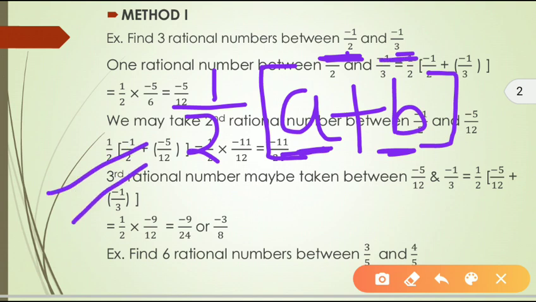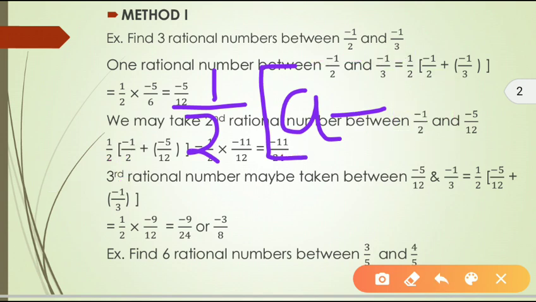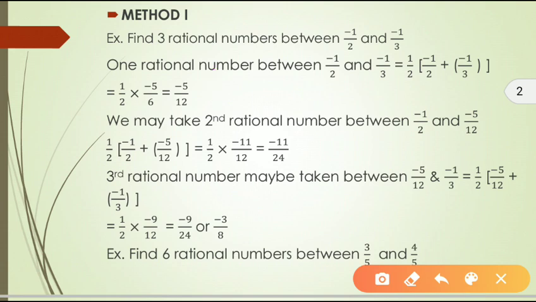So this is the formula for this method, 1 by 2 in bracket a plus b, where a and b are the given rational numbers. So for finding out the first rational number between minus 1 by 2 and minus 1 by 3, write down the formula, 1 by 2 in bracket a plus b.